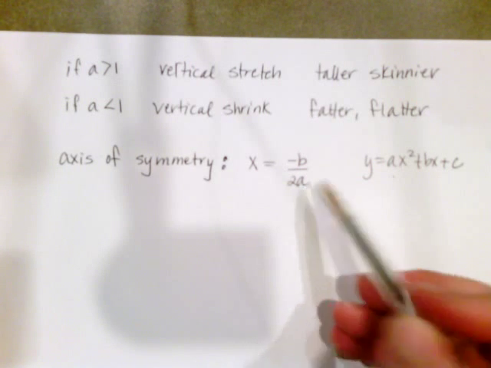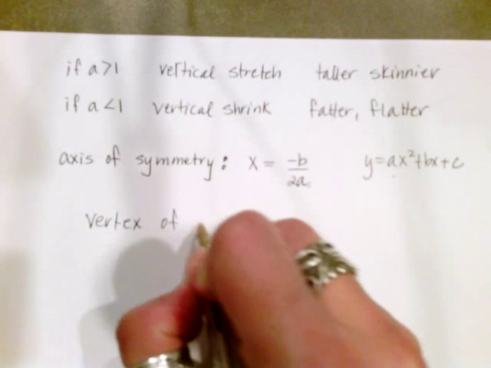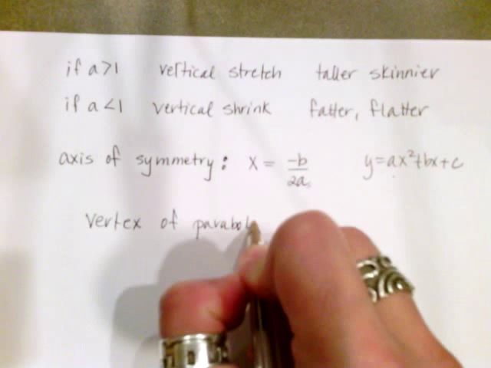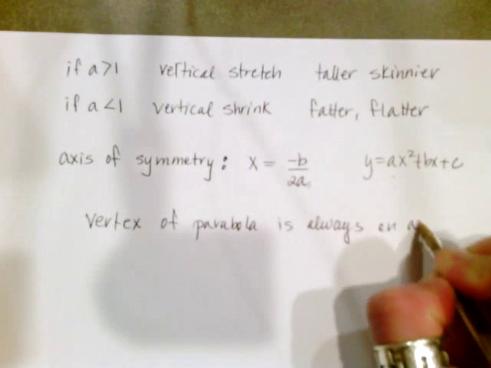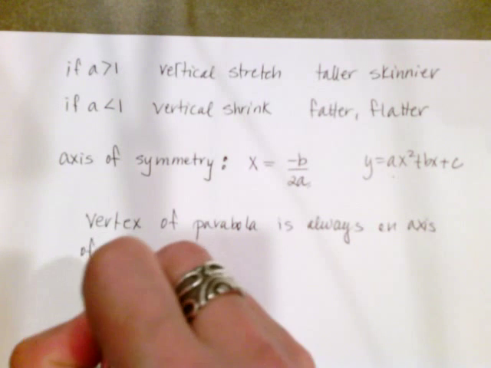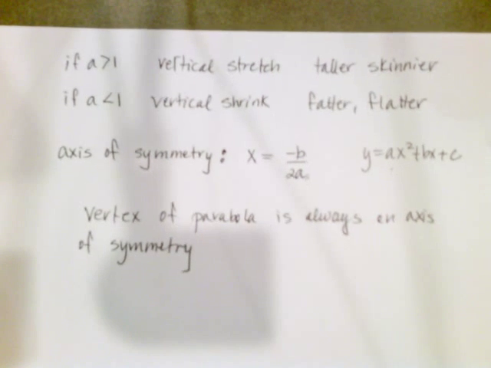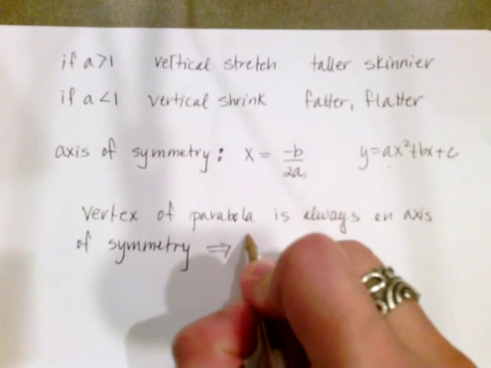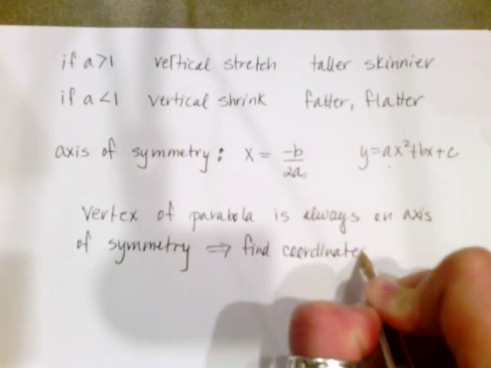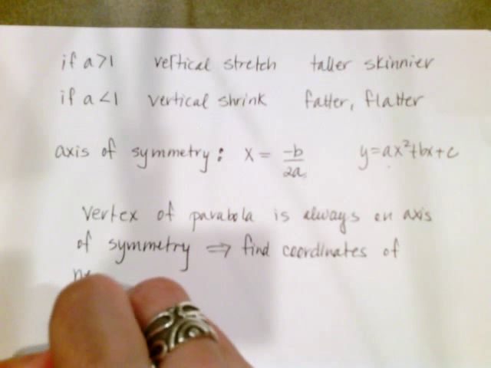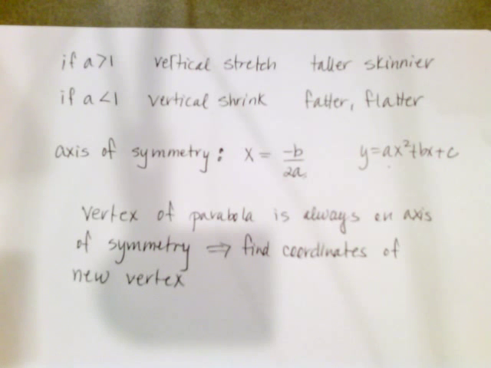Because the vertex of the parabola is always on your axis of symmetry, I can now find the coordinates of the new vertex, because many of our graphs will be translated.